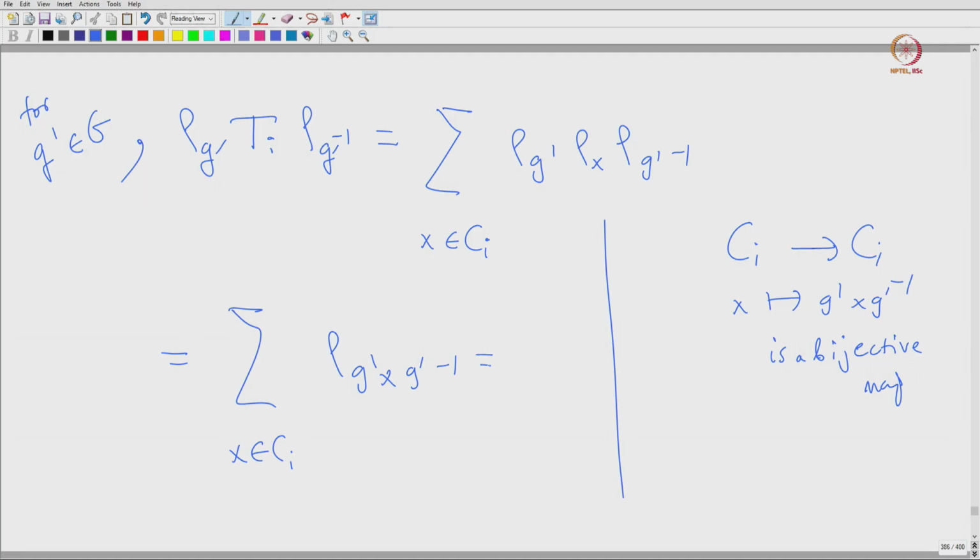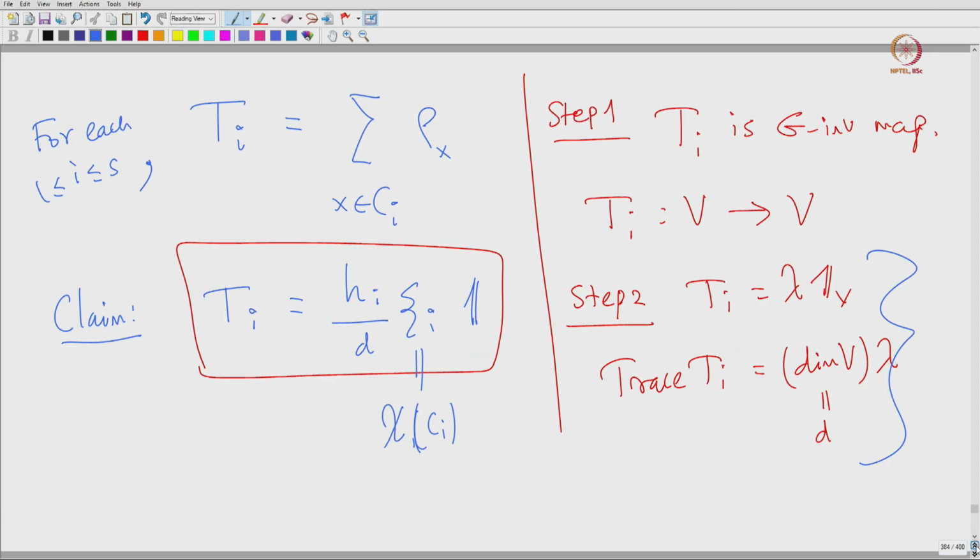So that means this is exactly equal to Ti. This simply follows from the fact that Ci is invariant under the conjugate action of capital G. So that proves that Ti is indeed a G invariant map. So by Schur's lemma we know that Ti must be lambda times identity. So that actually completes the proof of 1 and 2.